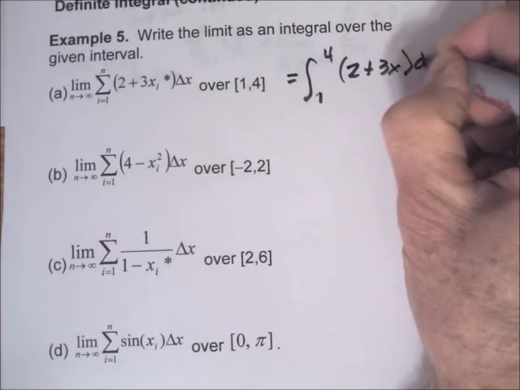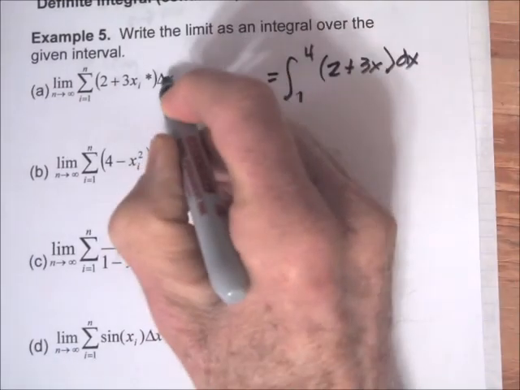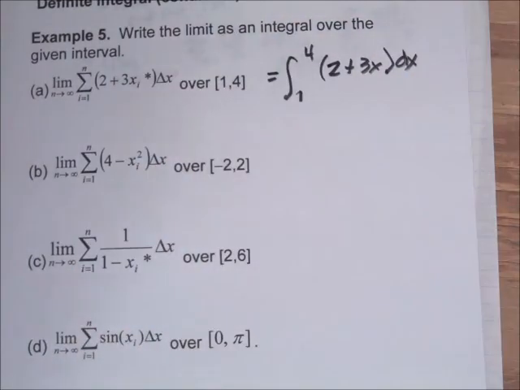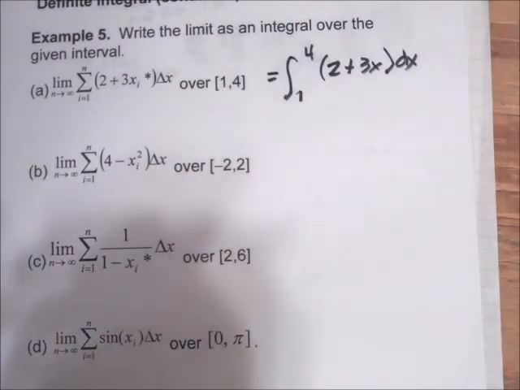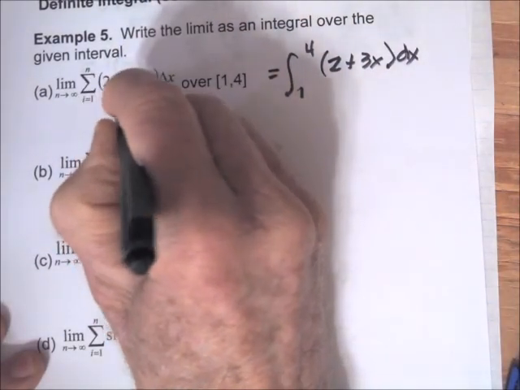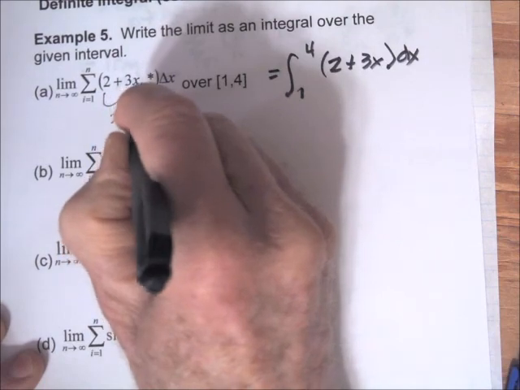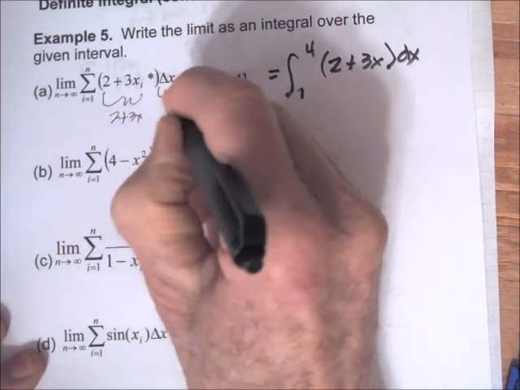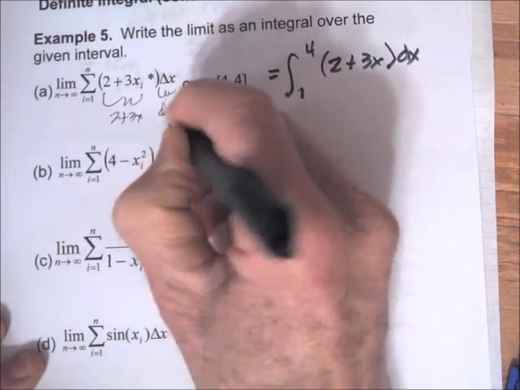And delta x we can write as dx. So when we take the limit, delta x becomes dx. And this piece here is f of x, which is 2 plus 3x, and this piece here is dx. Okay.